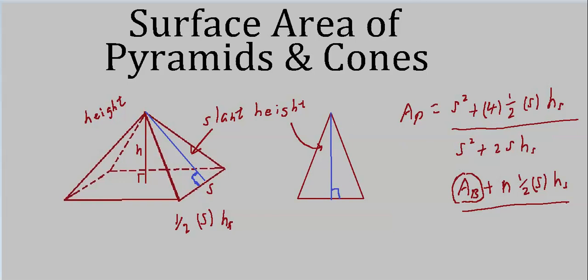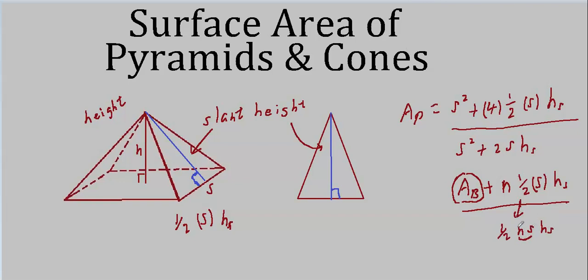And there's one more thing. What would, if I rearrange this as just this part here, 1/2 ns times h sub s. Well, what is ns? That's the perimeter. That's the side length, and that's the number of sides.